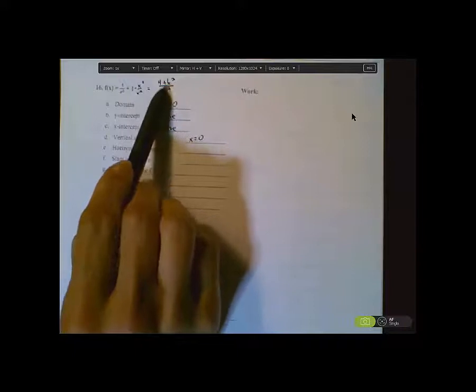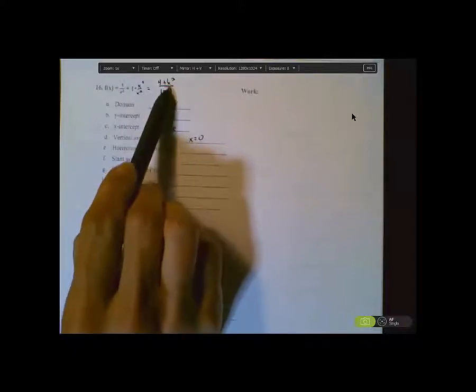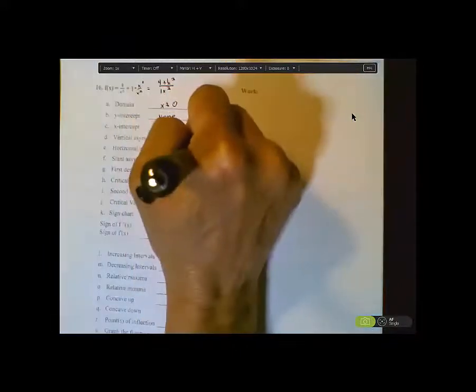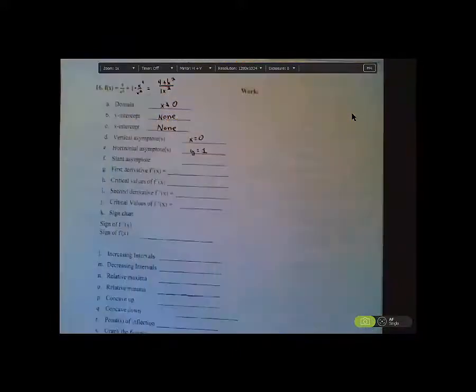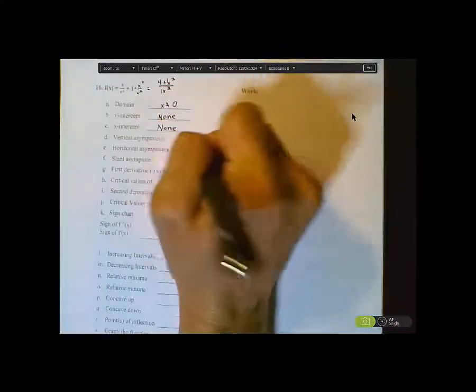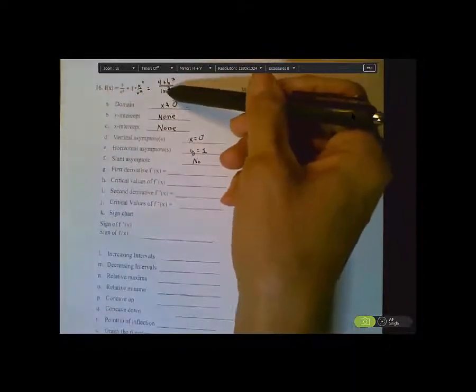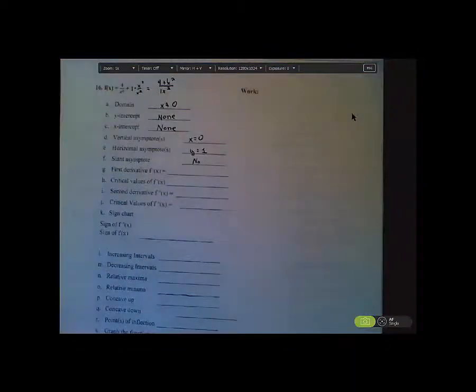It means the coefficient of the highest degree term. So the ratio of the leading coefficients would be 1. There's no slant asymptote unless the degree of the numerator is 1 more than the degree of the denominator.